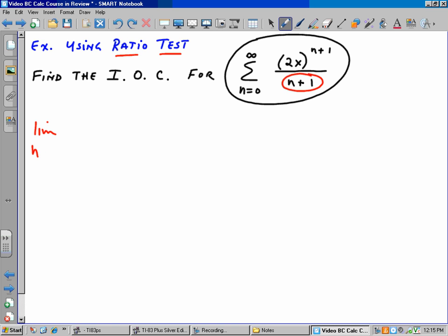So if I evaluate the limit as n approaches infinity of, wherever I see an n, I want to add 1 to it. So that's going to be 2x to the n plus 2 power, and on the bottom I've got n plus 2, and then I'm going to divide by the original, or just multiply by the reciprocal.